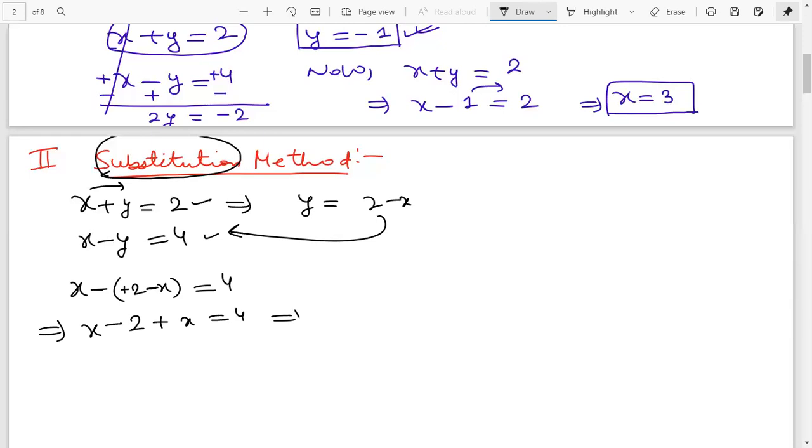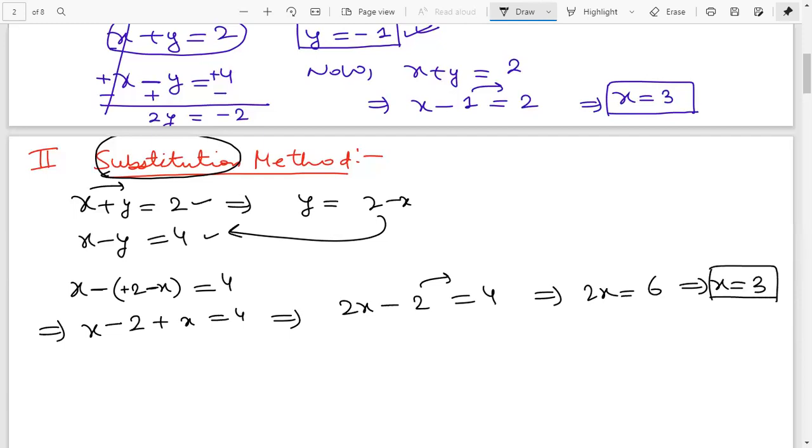So x plus x is 2x, minus 2 equals 4. Slowly we'll solve, and this 2 will go to the right hand side, because the number is on one side and the variable on the other. So 2 plus 4 is 6. So x we got 3, 6 by 2, that is 3.